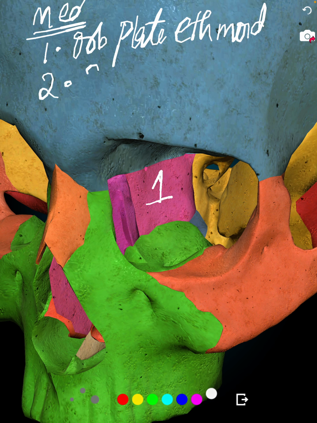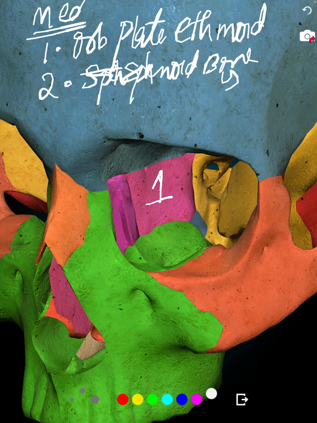Number two, we have sphenoid bone, and there it is going to be the body. Okay, it is the body. So that is number two over here.